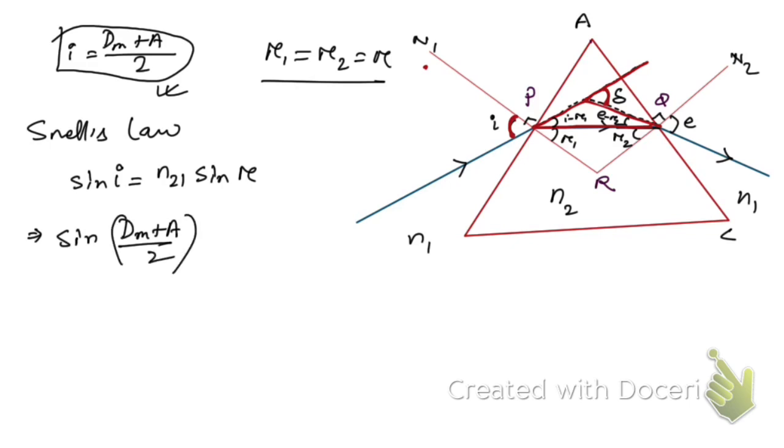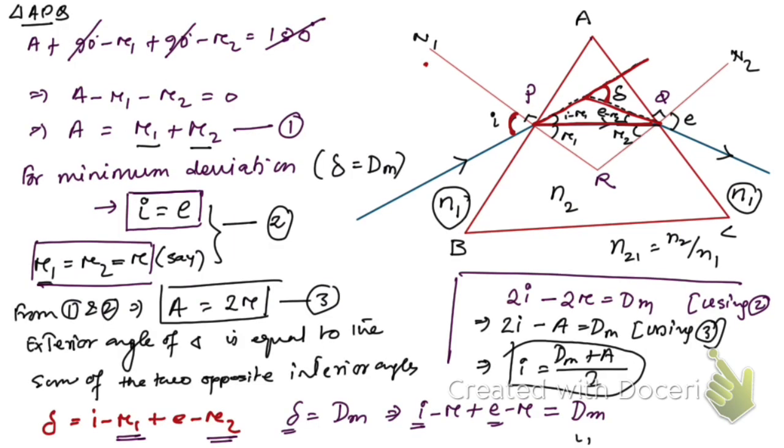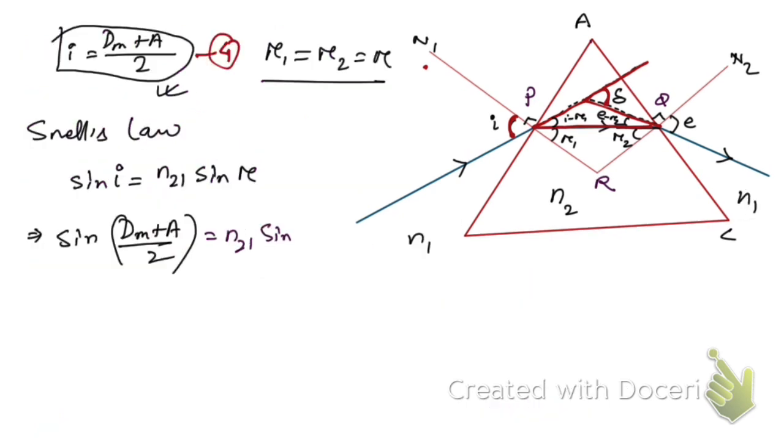This is equation number 4, and n21 sine r. You can see from equation number 3 that r is equal to A by 2. So we can replace this r by A by 2 using equation number 3 and equation number 4. That's what we have got.